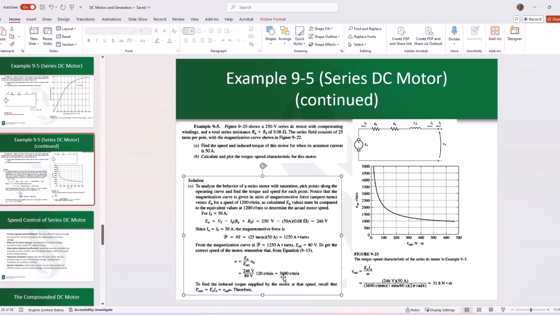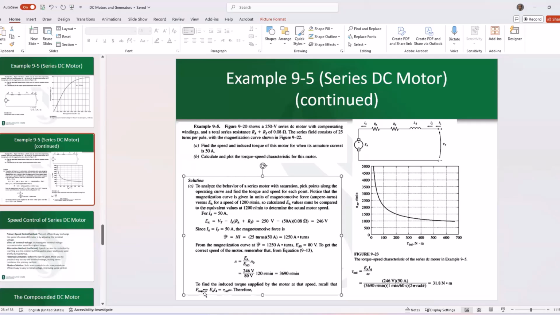Then that speed becomes 3690 revolutions per minute. That was the solution to part A of the problem, find the speed when the armature current is 50 amps.